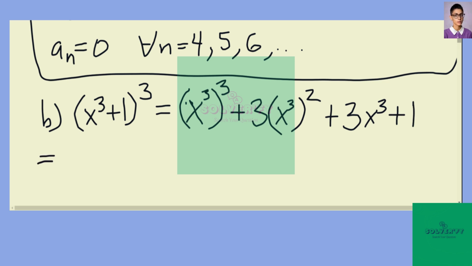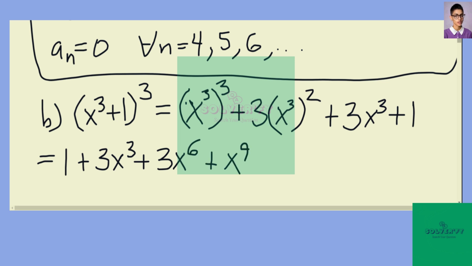And this is equal to 1 plus 3x^3 plus 3x^6 plus x^9.